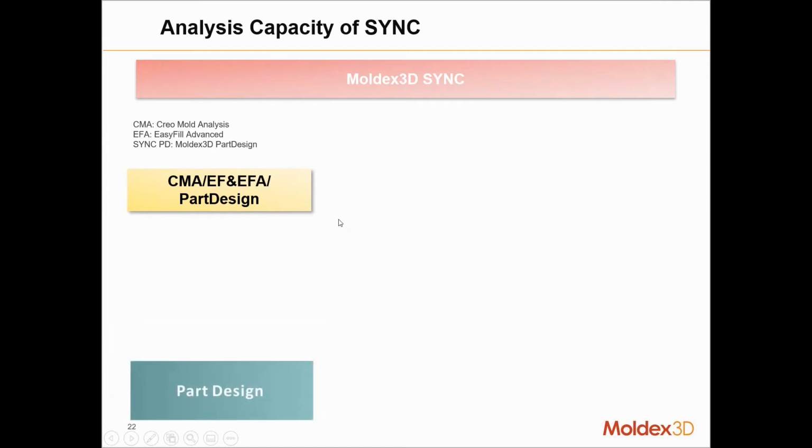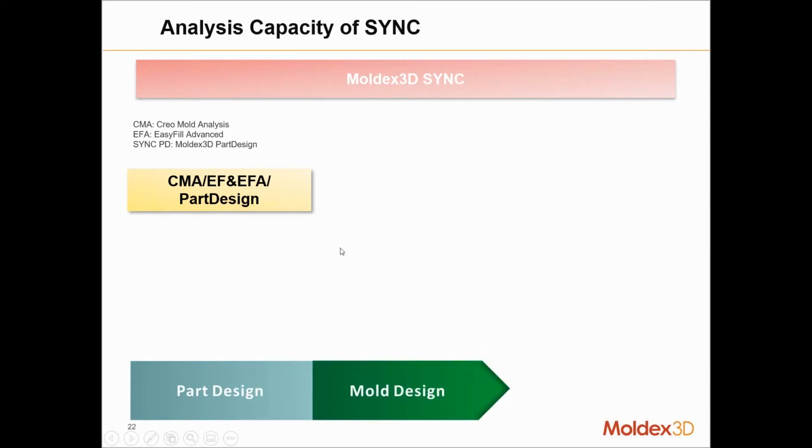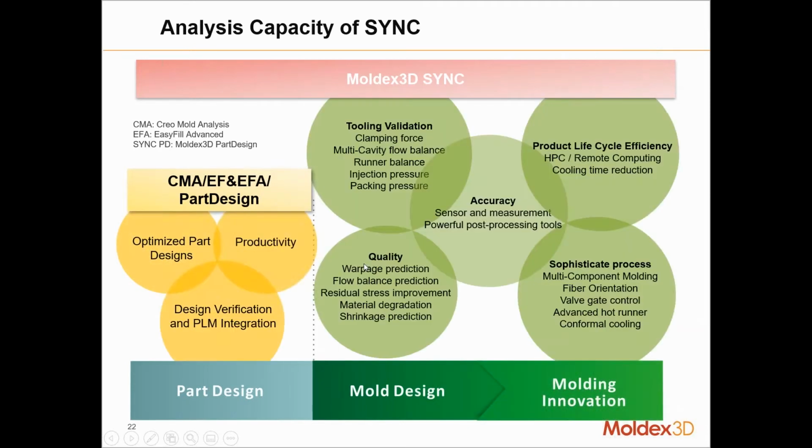Those are the licenses or modules the CAD designers are able to use in order to identify air traps, how the material flows, how much pressure, where the material shrinkage is, etc. Part designers are able to use CMA, EFA if they want to extend to understand material shrinkage, how the runner is, how the shrinkage is, or insert molding, overmolding, or fiber orientation.